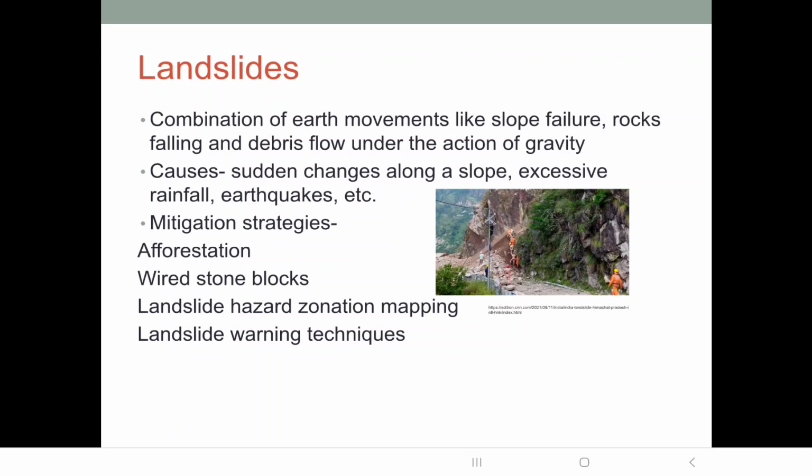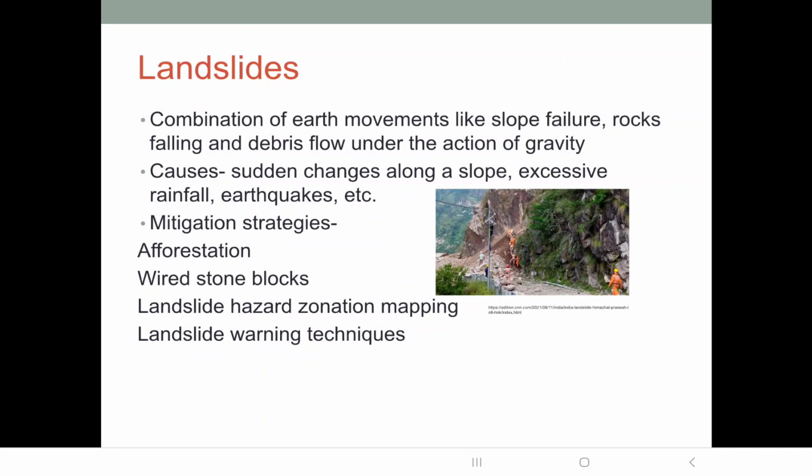Then we have discussed what are the causes of landslides. They occur because of changes on the slope. The composition, structure, hydrology, and vegetation of the slope undergo a change. I told you this with respect to the construction on the slopes of the Himalayan mountains.